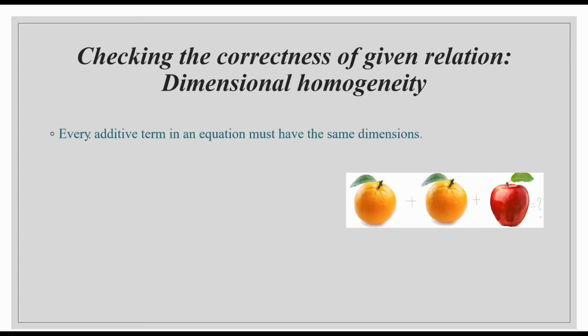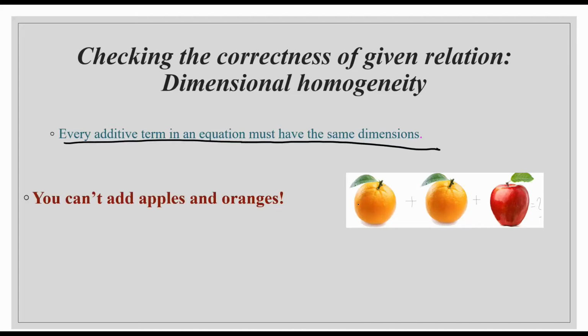Now, how to check the correctness of a given relation, or you can say the dimensional homogeneity. You know that every additive term in the equation must have the same dimensions, right? If we have one equation, then every term must have the same dimensions.